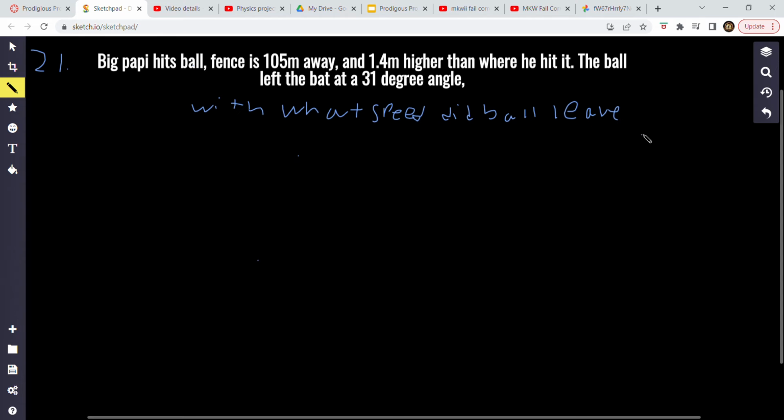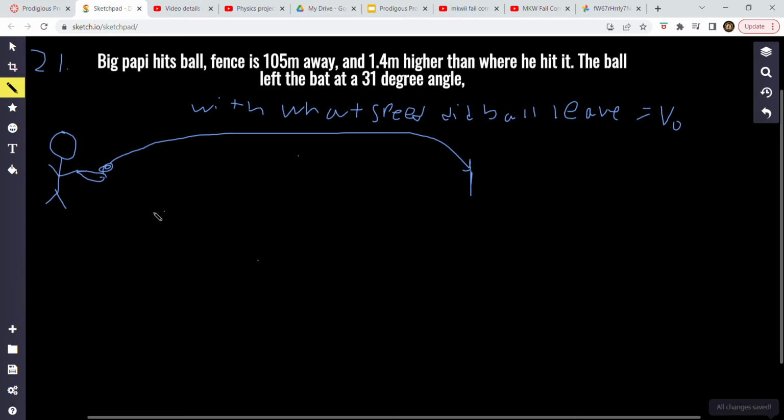In short, this is just asking for our V naught, the V0 looking thing. To sketch this out, let's do Big Poppy over here, with a little bat. He hits the ball and it goes all the way to the fence, which is right here, 105 meters away.